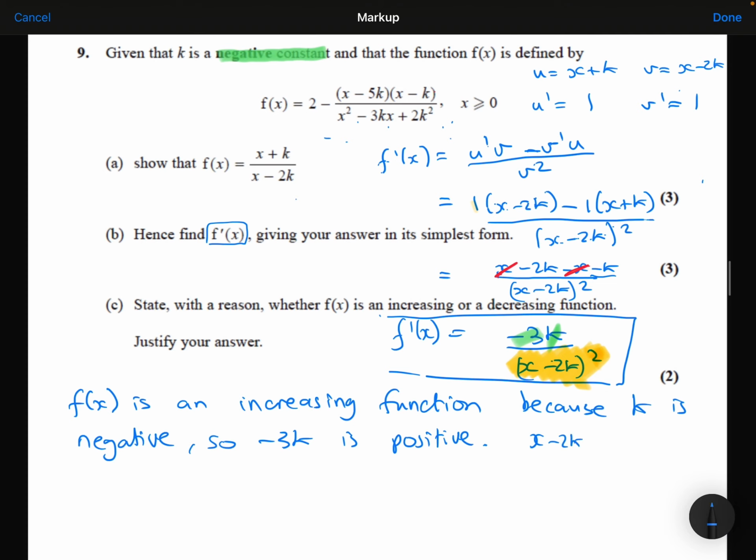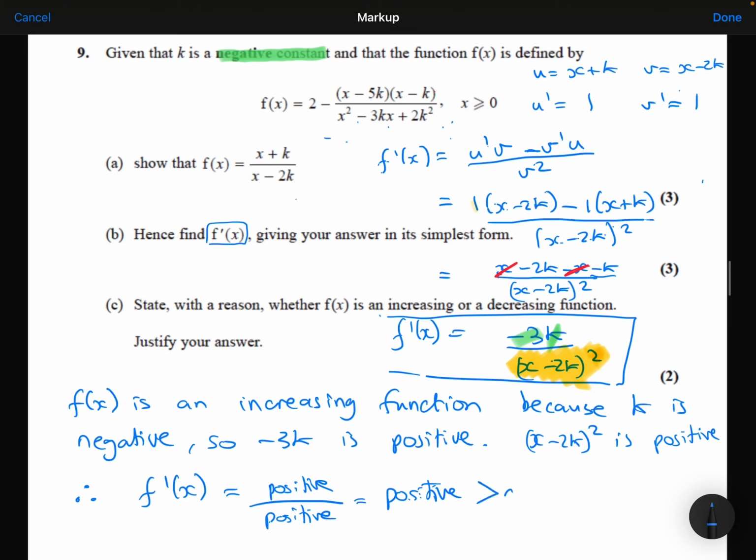X minus 2k squared is positive because it's squared. Therefore, f dash of x equals a positive divided by a positive, which is positive, so greater than 0, therefore increasing. And we're done.